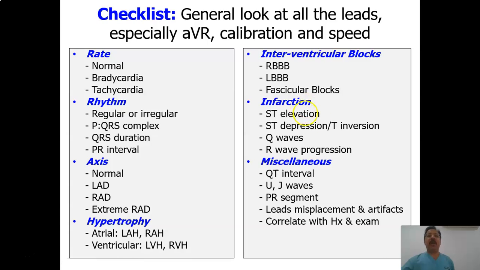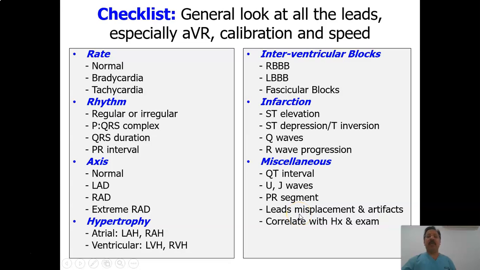Look for the ST segment elevation first, then ST segment depression and T wave inversion, then Q waves, and finally R wave progression. The final 7th step is the miscellaneous findings on the ECG. Look for the QT interval, any U wave or J wave, the PR segment, and keep in mind lead misplacement and artifacts.